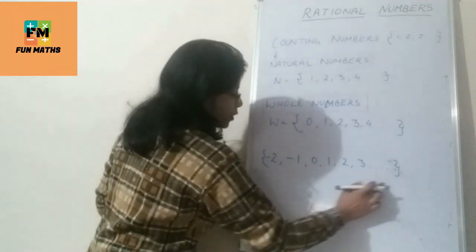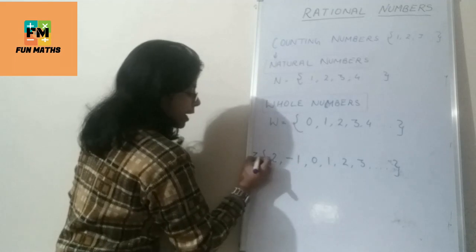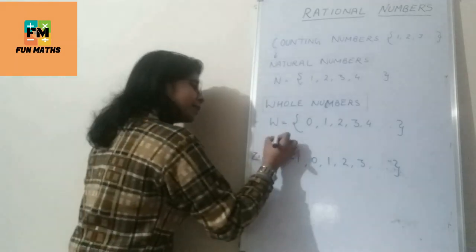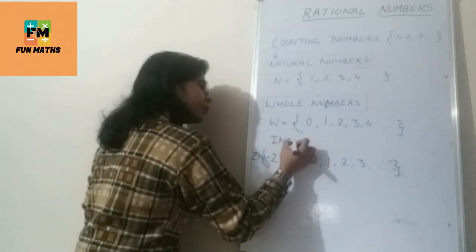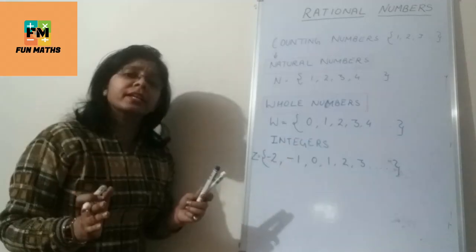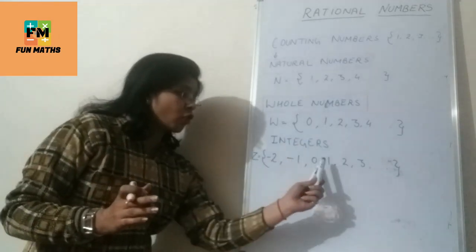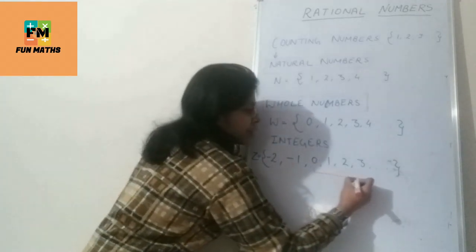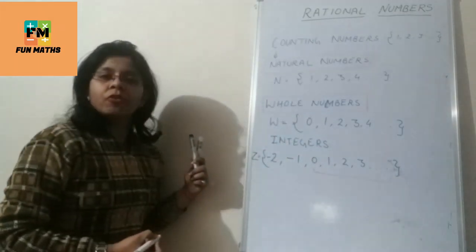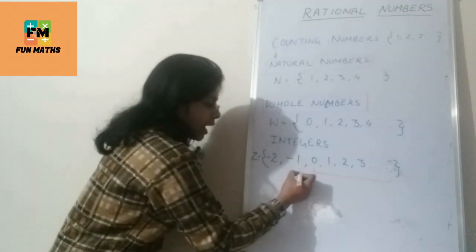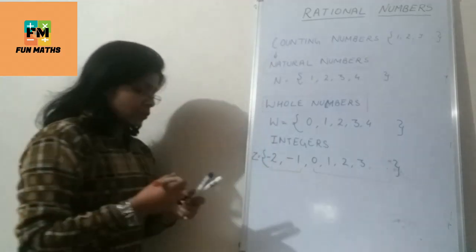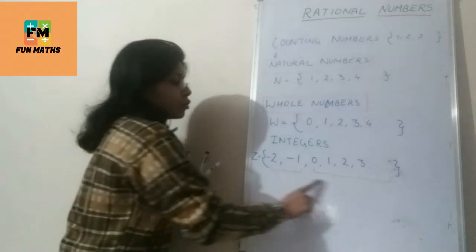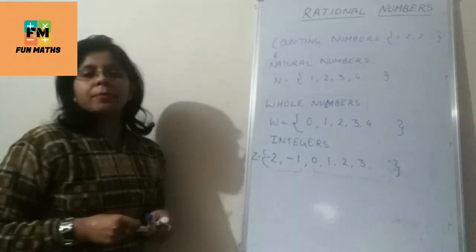Now this particular set is represented by the alphabet Z, and this is known as the set of integers. Integers are the combination of whole numbers and negative numbers, as you can see from here: we have the set of whole numbers, and here we have the negative numbers.